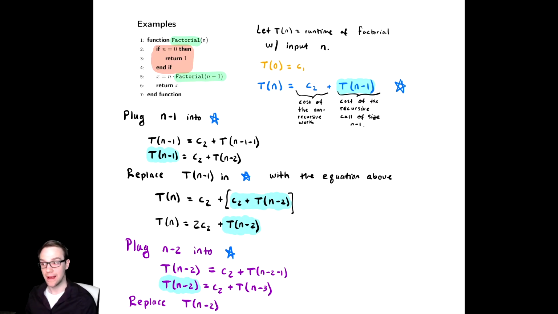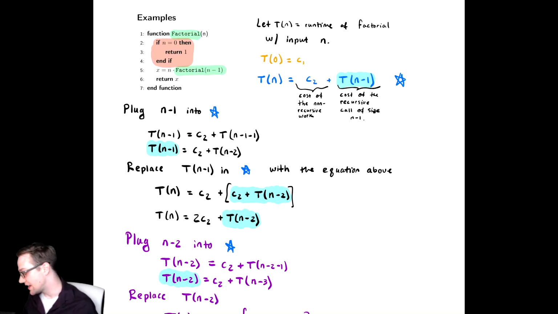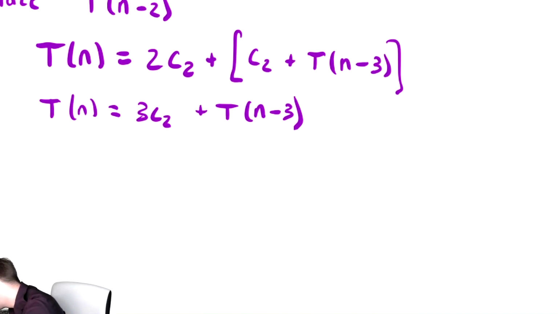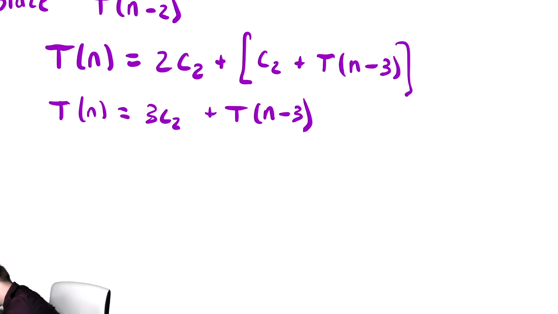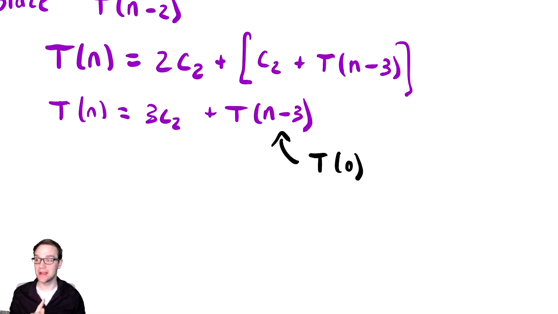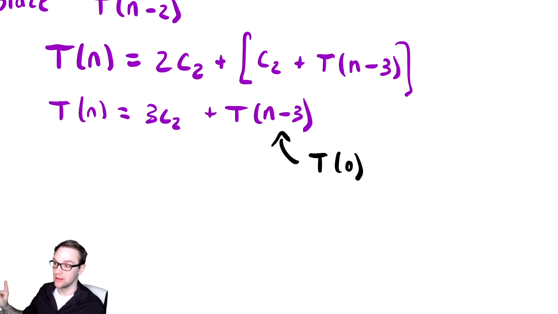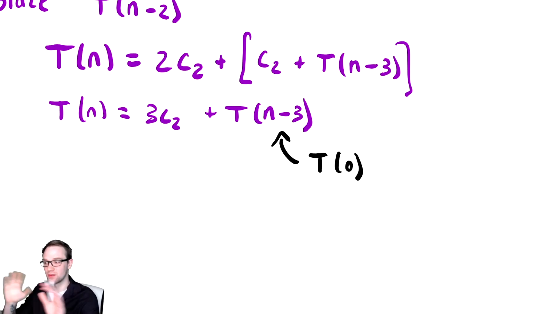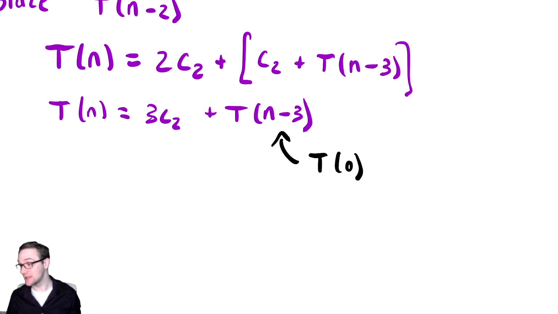If, somehow, magically, I could make this right-hand side t of 0, which it's not yet, then I would be done. How can we do that? Well, what if we try and identify a pattern in what's happening here so we can get some sort of generic expression? We actually did this exact same thing with while loops.